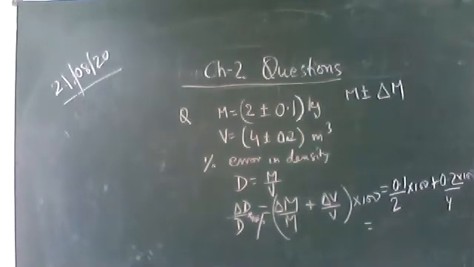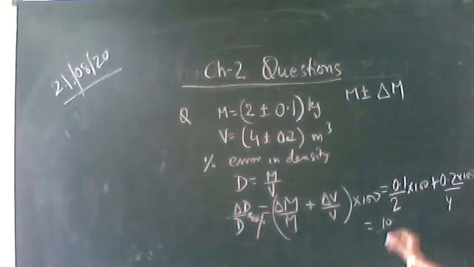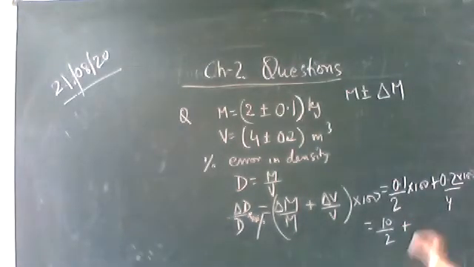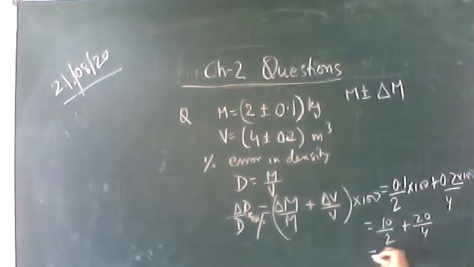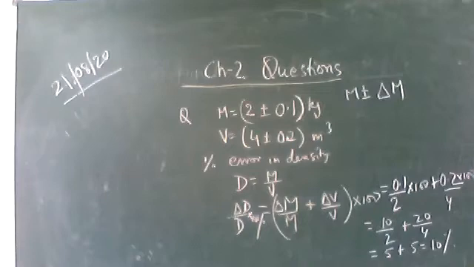On simplifying, 0.1 into 100 is 10, 10 upon 2; 0.2 into 100 is 20, 20 upon 4. That is 5 plus 5, that is 10% is the error in measuring the density. So in measuring the density, the error is plus minus 10%, or simply you can write it as 10%.